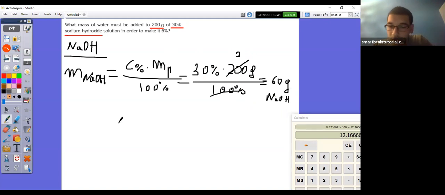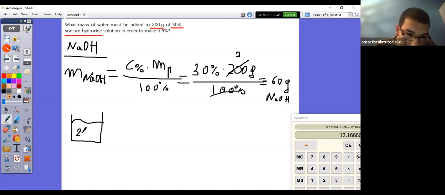So we have another solution here. The solution that we want to prepare must have a concentration of 6%. If we have a solution of 200 grams, we will pour in another amount, let's say X grams of water.